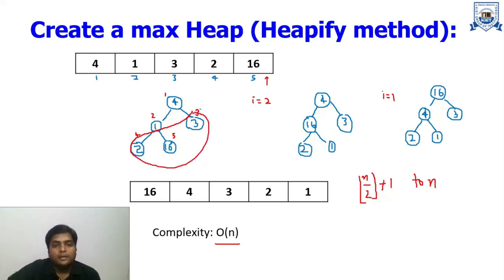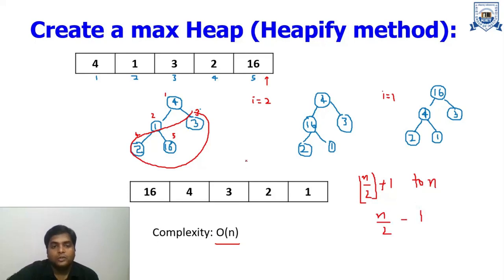But in the heapify method we work on the non-leaf nodes. So we have to work on these two nodes. When using the heapify method, we generally start with the node having index n by 2 and then move towards 1.